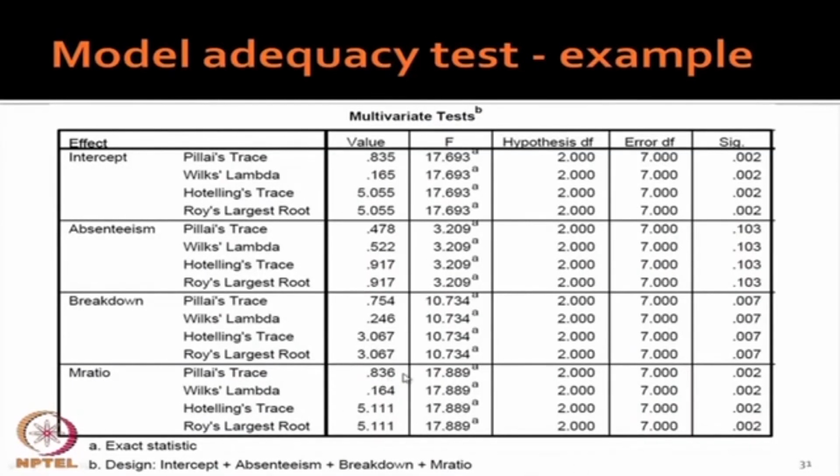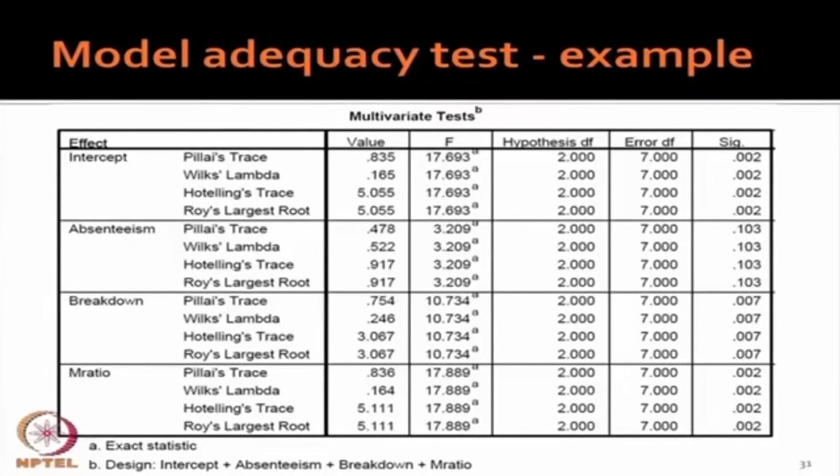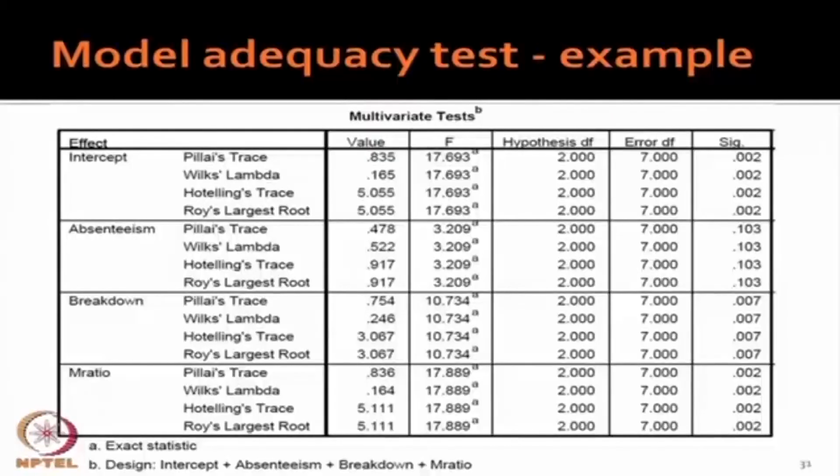So what are we saying in a nutshell? We are saying that you go for the model adequacy test by a similar F test, like in multiple regression, that ANOVA, but here also you are doing this and you find that some of the variables are contributing, so multivariate regression is required. Now go to the next one.